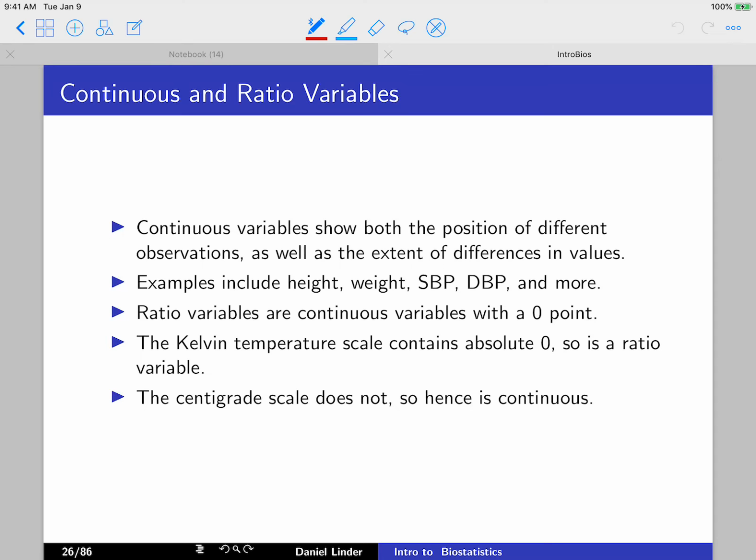Some examples would be height, weight, systolic blood pressure, diastolic blood pressure, and of course many others. As I've mentioned, ratio variables are continuous variables with a 0 point, and the Kelvin temperature scale would be an example. It has absolute 0, whereas the centigrade scale does not. So the Kelvin temperature scale would be considered a ratio, and the centigrade would be continuous.